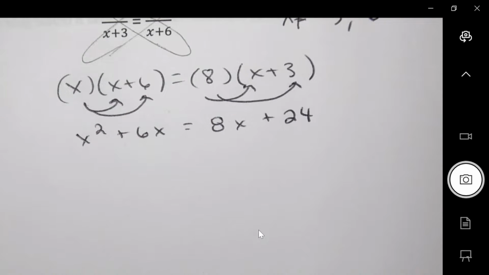Okay, the next step is your step that shows you can get into grade 12 pre-calc. Equals 0. You have two variables, x squareds and x's, so you're going to have to do an equals 0.